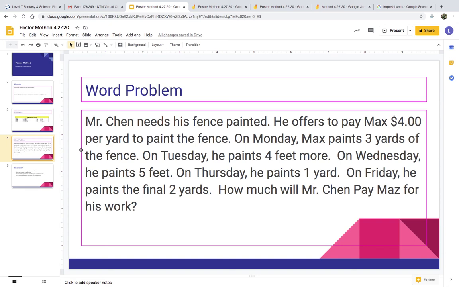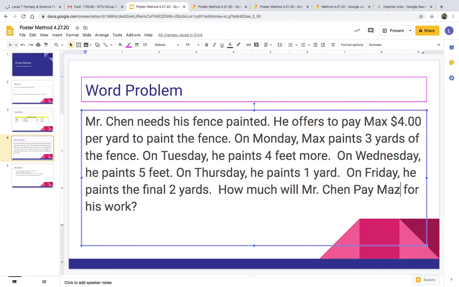On Wednesday, he paints 5 feet. On Thursday, he paints 1 yard. On Friday, he paints the final 2 yards. How much will Mr. Chen pay Max for his work?